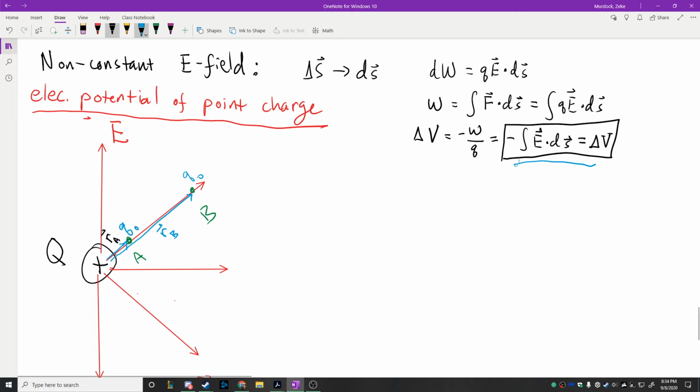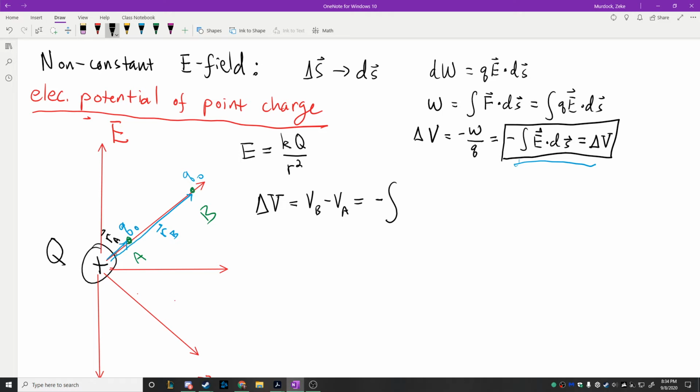We already know what the electric field is for a point charge. All around the point charge, the value of the electric field is K times the charge, which I'm using capital Q for, divided by the distance squared. So if I want to evaluate what delta V is between these two points, specifically what VB minus VA is going to be, then I need to integrate E dot ds.